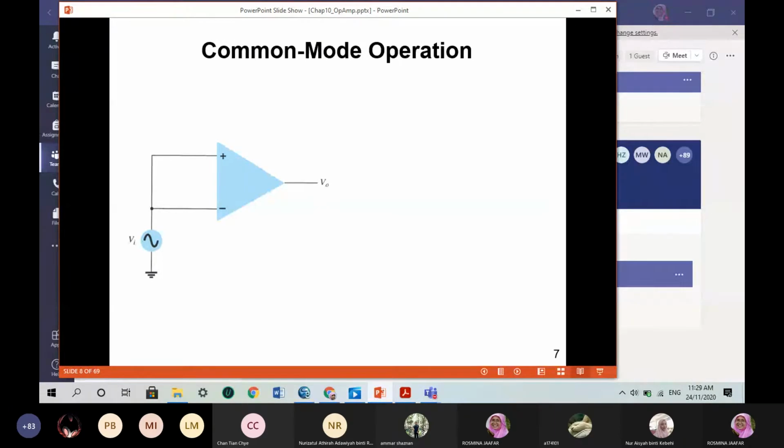For an amplifier, in reality, there should be some values between V negative and V positive here. So actually, the amplifier is amplifying the amount of voltage difference between the two input terminals. Okay, and if you apply V in here, you would expect the same voltage to enter through the V minus and through the V plus.